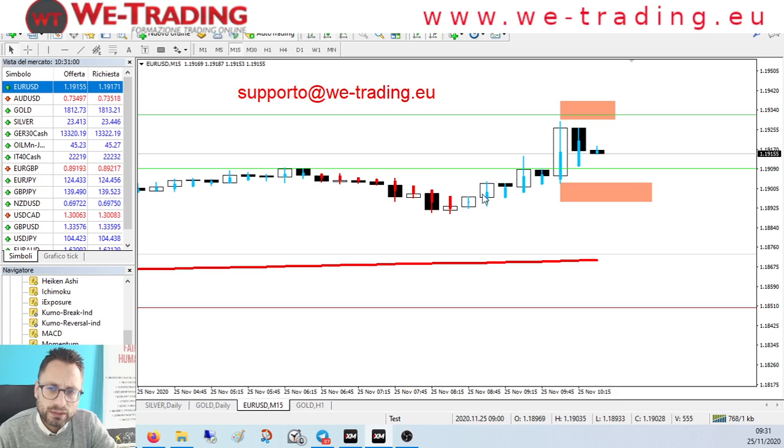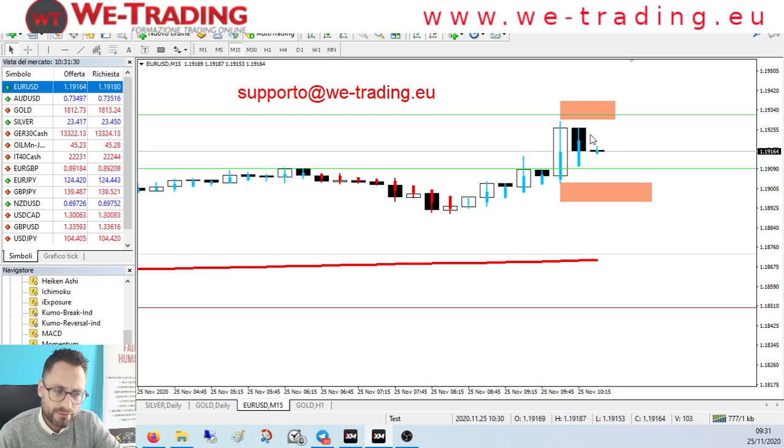So in this way we can enter on a long black candle, but with a long setup of Heiken Ashi. In this way we can follow the trend when it is in pause, and so we can buy at the best price and set a better risk-reward, because we have a smaller risk and a greater reward.